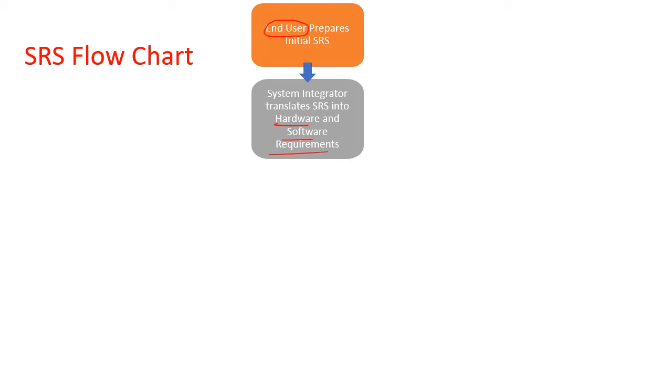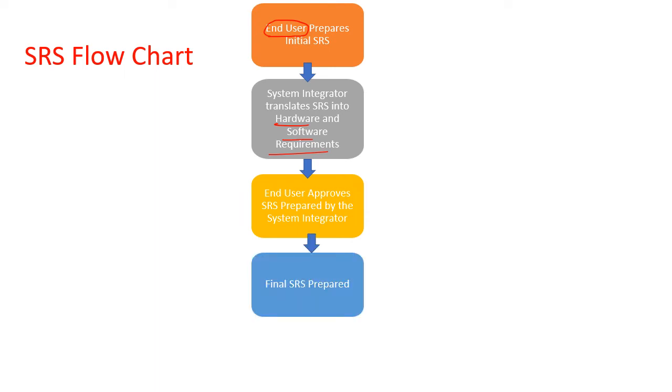In other words, they create a different version of the SRS which contains much more information about hardware and software requirements. Now the end user needs to approve the SRS prepared by the system integrator. Now with this, the final SRS is prepared.